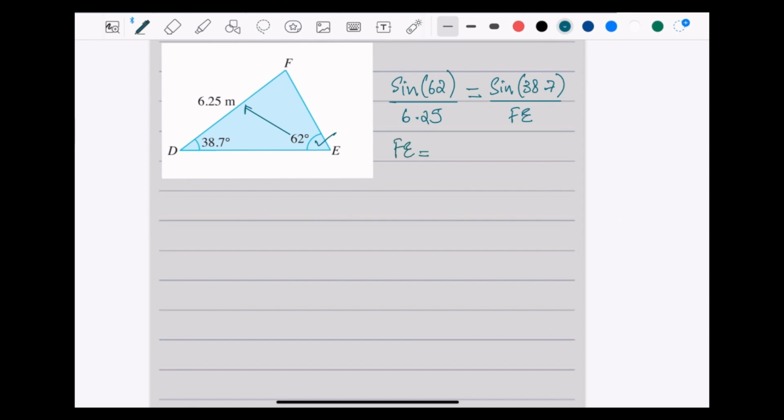FE is going to be 6.25 sine 38.7 over sine 62. I just cross multiplied both sides.